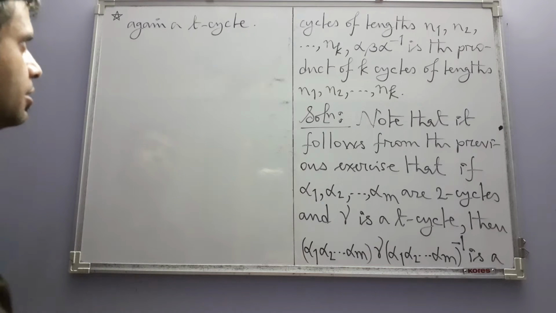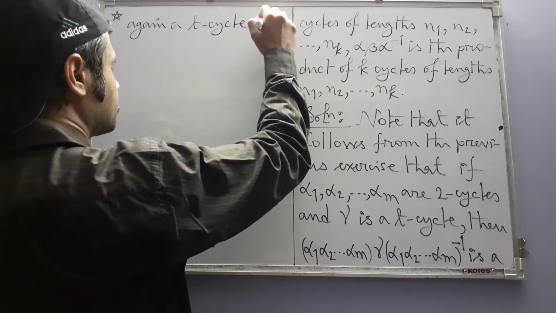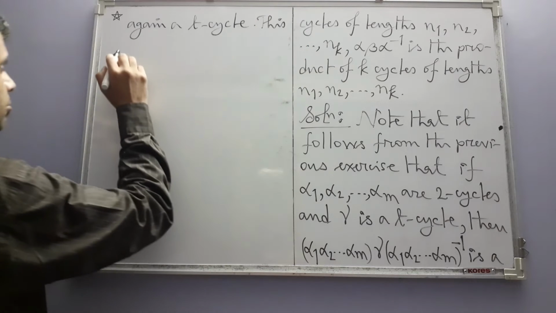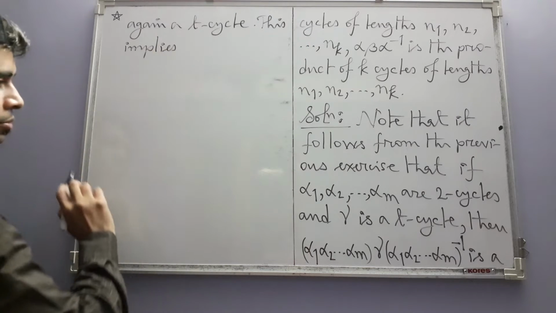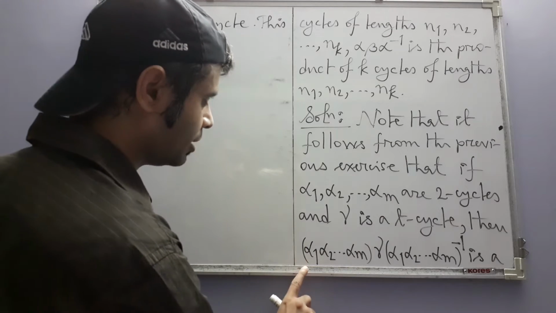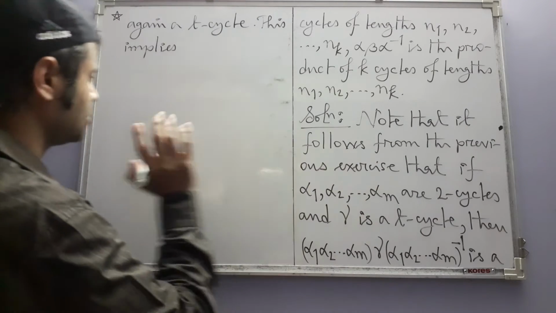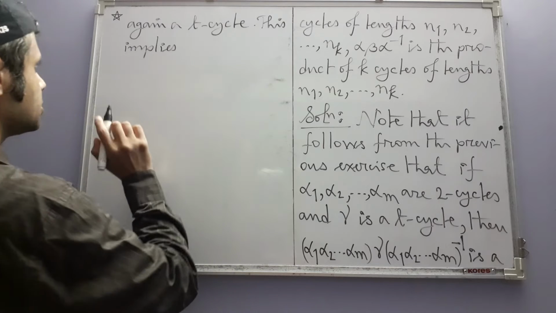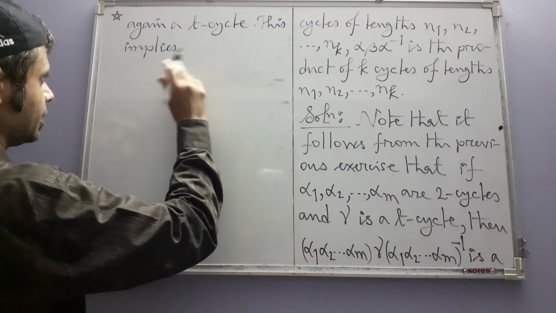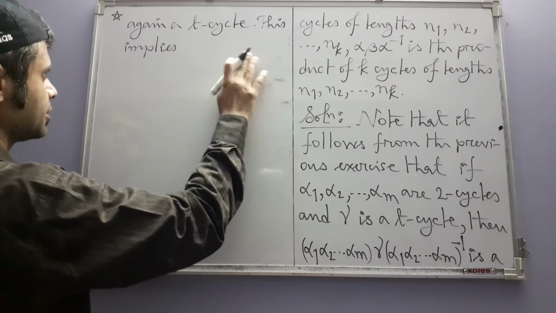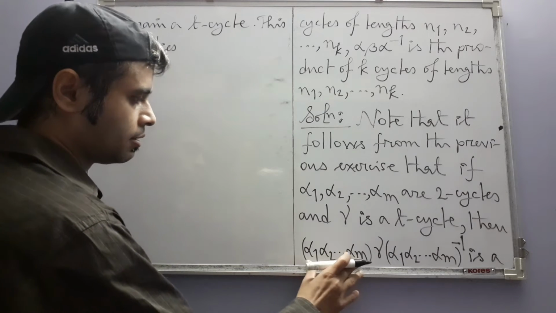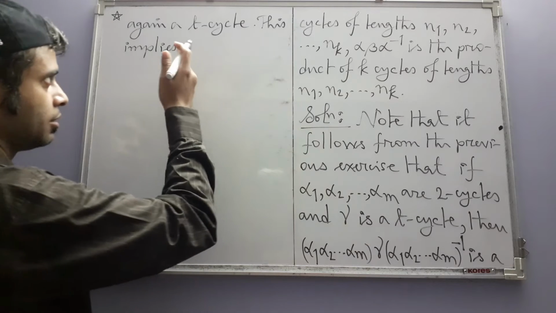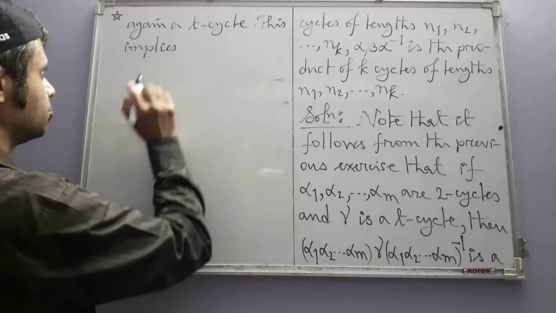So that is why this implies, as mentioned from the previous exercise, okay, we are directly writing, not even mentioning that because any permutation is a product of 2 cycles, the next thing that we are going to write here is true.